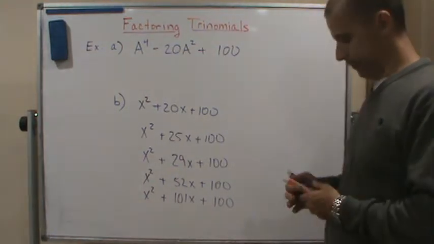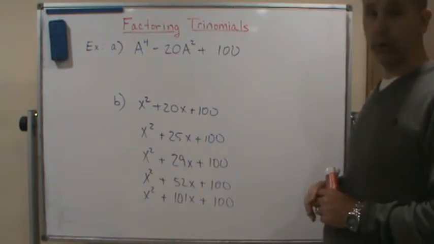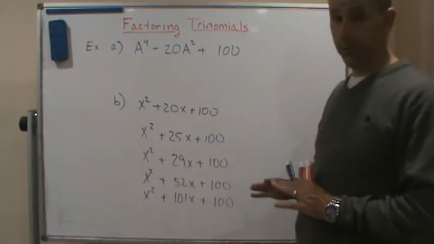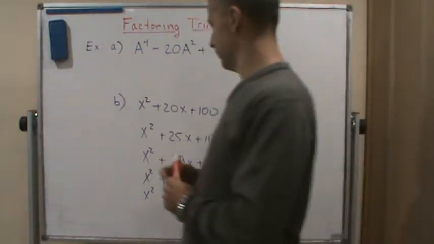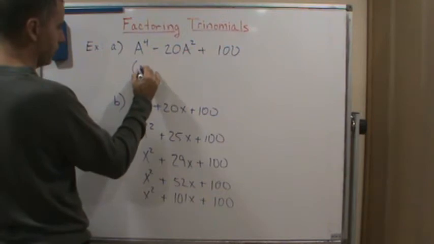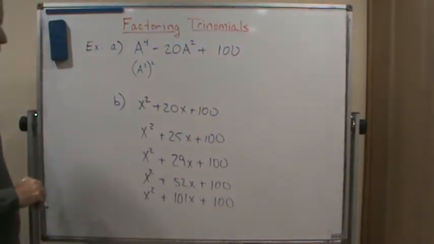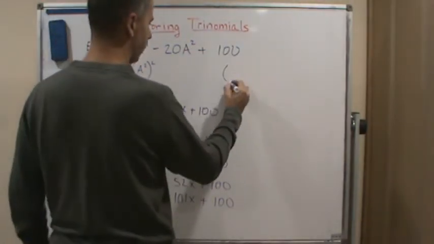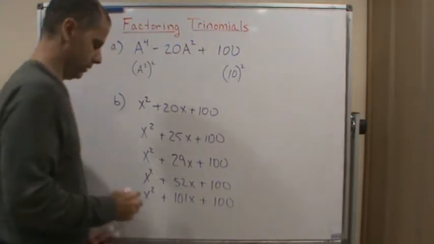Okay, now let's do this one here. And now notice, first of all, that we've got a perfect square here and a perfect square here. So this perfect square is a squared, quantity squared, and this perfect square is 10 squared.